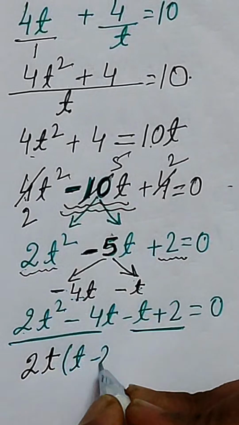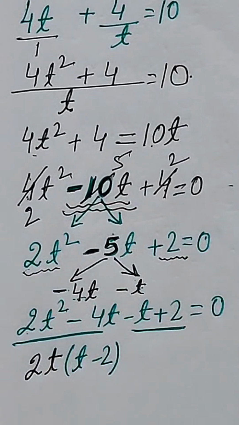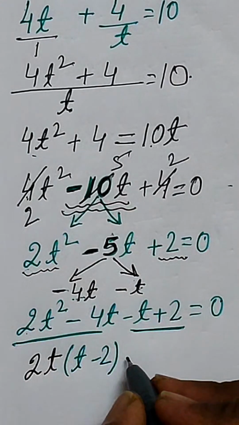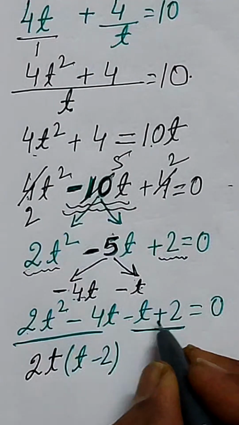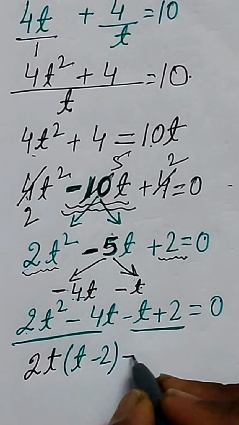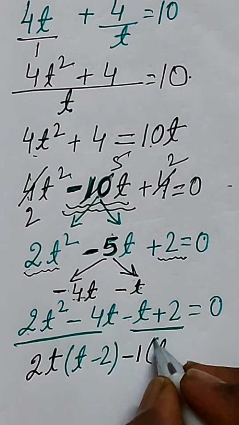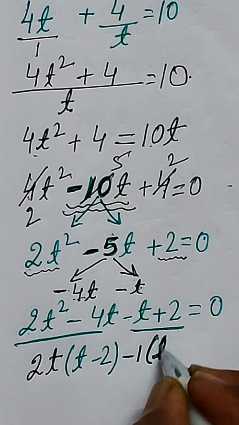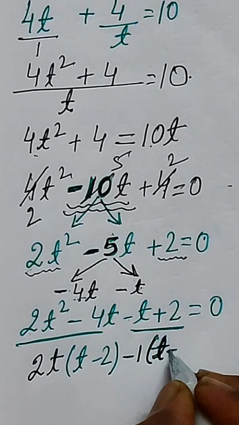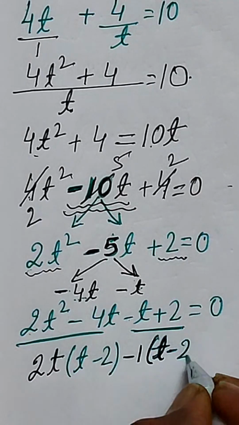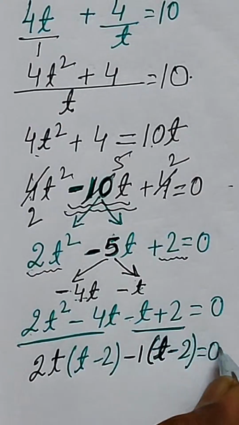T minus 2, right? And when you are left from last two terms, when you take minus 1 as common, you are left with t minus 2, isn't it?